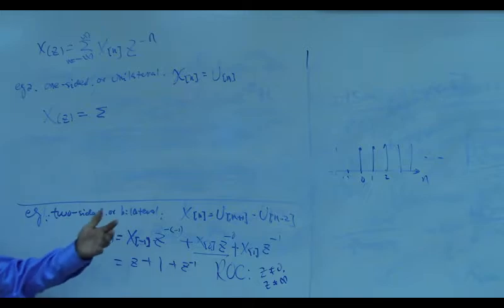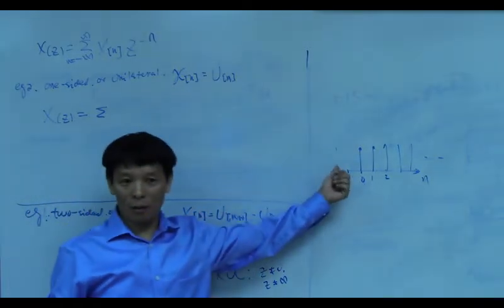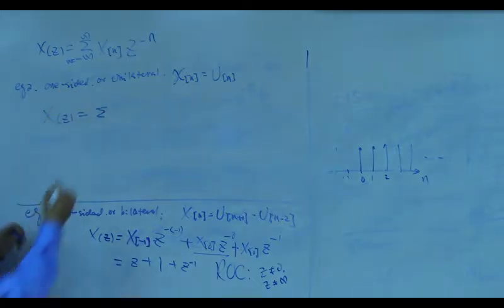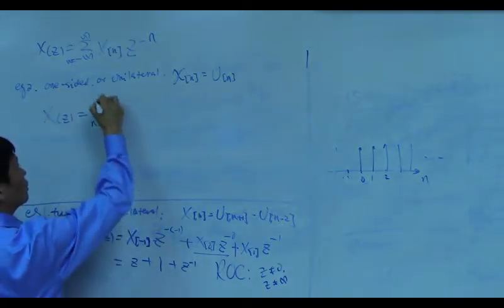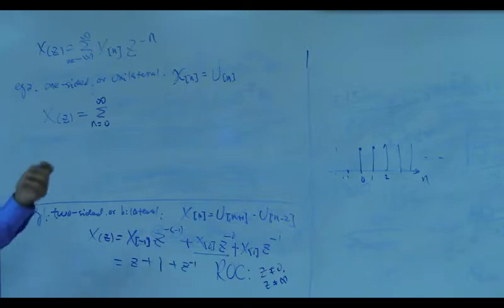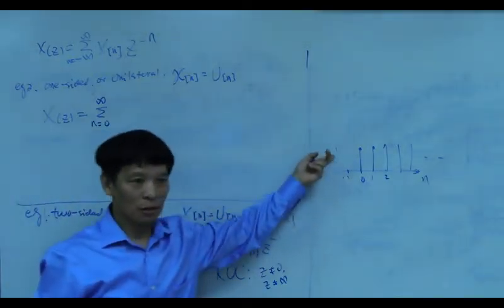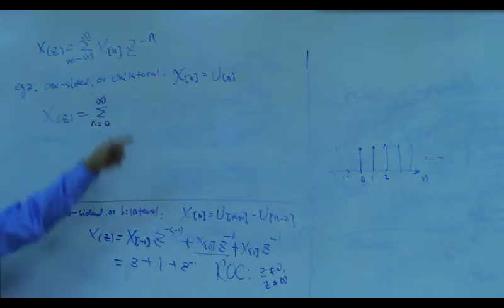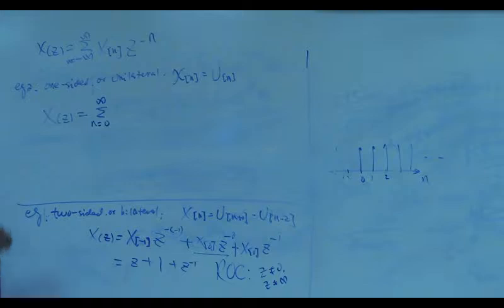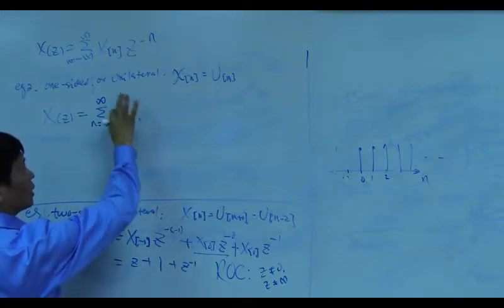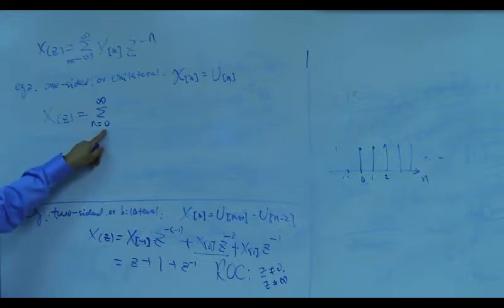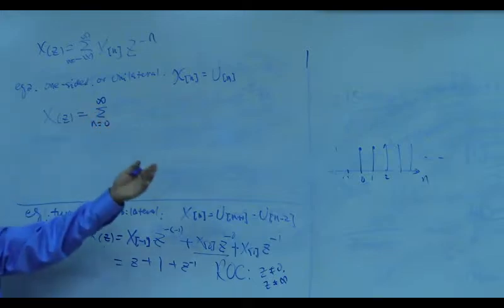We don't need to worry about negative time, because all the negative times the corresponding signal equals 0. That's why it's called one-sided, only to one side. We don't need to do two sides.